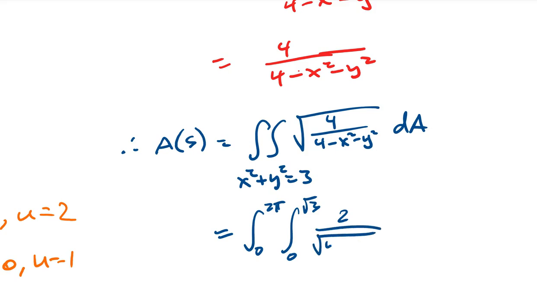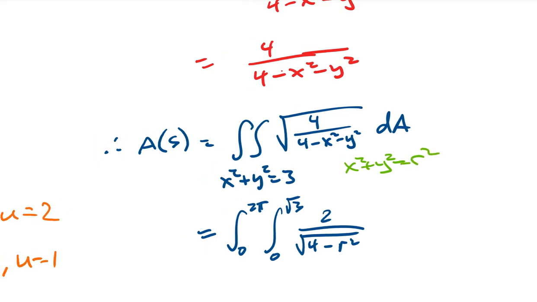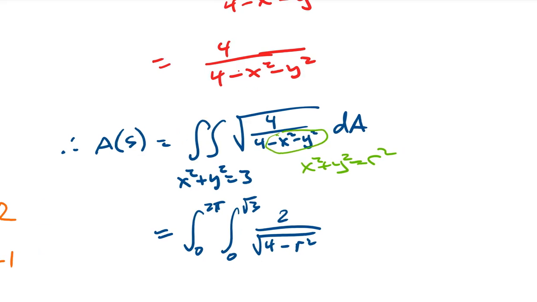And then this is the square root of 4 minus r squared. That's because x squared plus y squared is r squared. Okay? So I'm replacing all of this with negative r squared. And now this dA piece here just becomes r dr d theta.